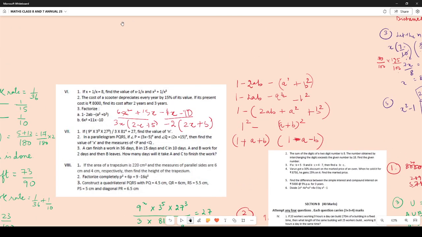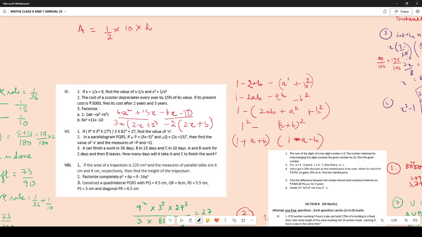So area of trapezium, how do we define? Area is equal to half into sum of parallel sides, which is 6 and 4, 10, into the distance between them or the height.